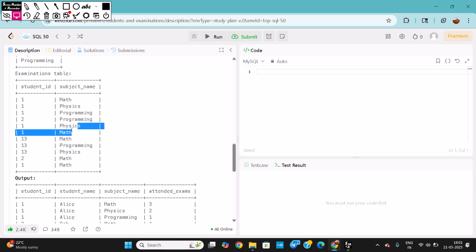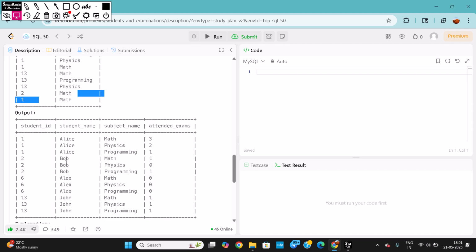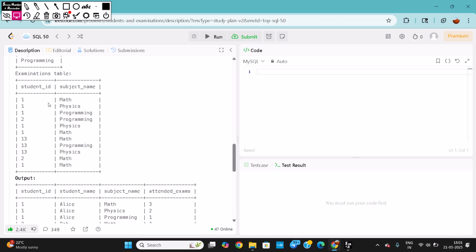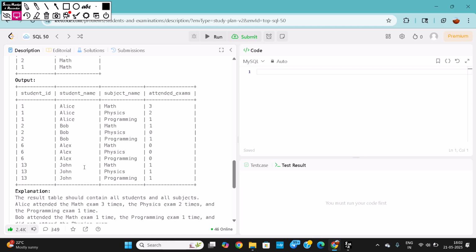Yeah, he took Physics, Math, and Math. So let's count for student ID 1 with Math: 1, 2, and 3. So we have to return student ID 1, Alice, with Math subject 3. And if we see Physics, he took two times, one over here and one over here. So we are using the group by statement for student ID, student name and subject name, and we are counting how many times he took that subject.